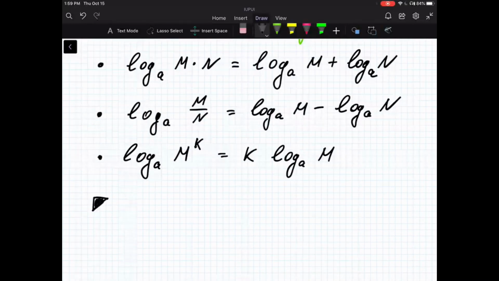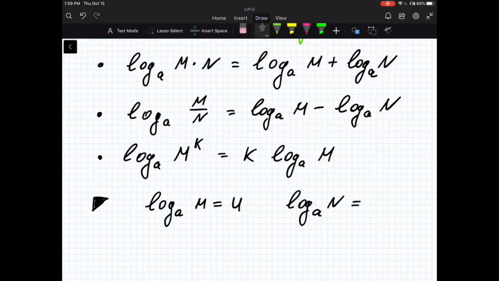Let's call the logarithm of m with base a by u, and the logarithm of n with base a by v.